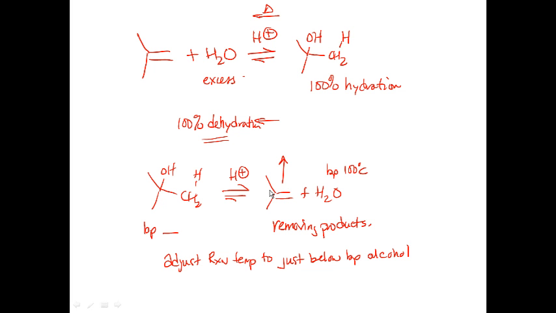And so a lot of times you can basically set up a distillation apparatus. There's my distillation apparatus. Add the alcohol and the acid together, and then heat it to just below the boiling point so that the alkene basically distills over and is collected.